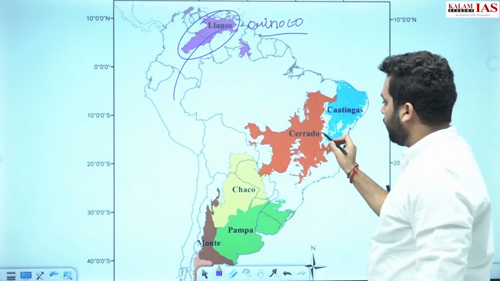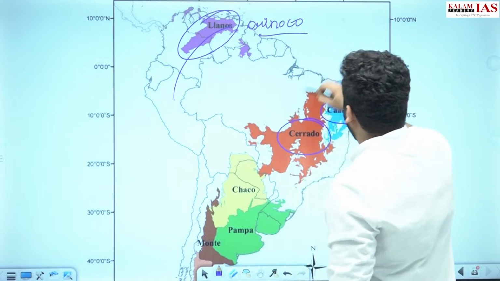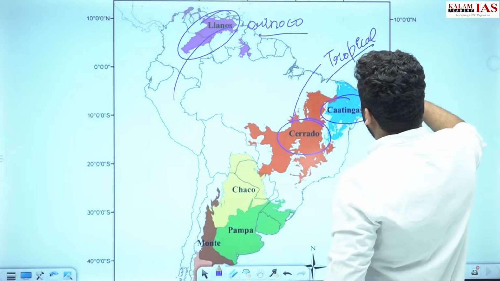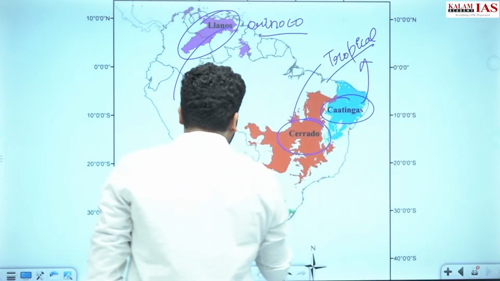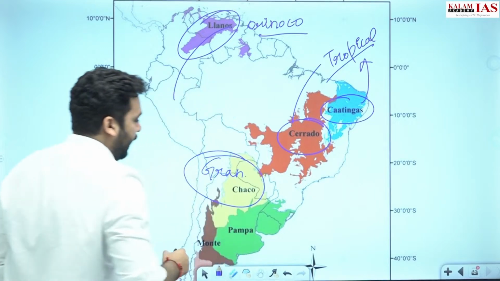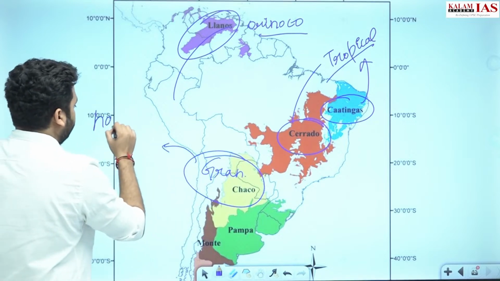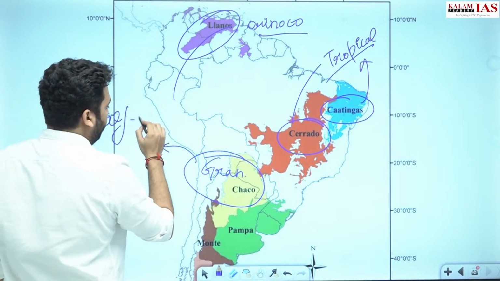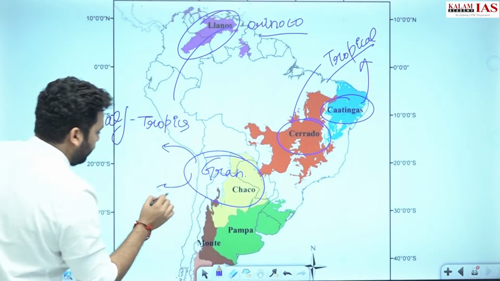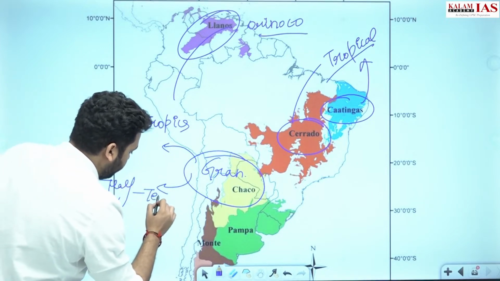Then we have Cerrados and Caatingas, which are tropical, in Brazil. Then we have Gran Chaco. The upper half is in the tropics region, and the lower half is in the temperate region.